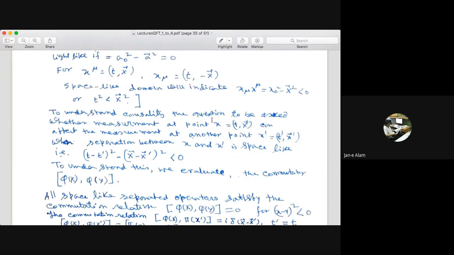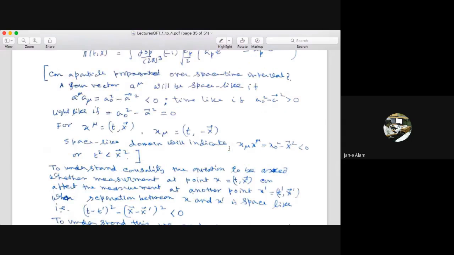To understand the causality in question, we can ask the following question: suppose I have 2 points separated by space-like vectors, space-like separations. What is space-like separation? Suppose you have a 4-vector A mu, which will have components A0, AX, AY, AZ, and the covariant vector will have components A0, minus AX, minus AY, minus AZ.